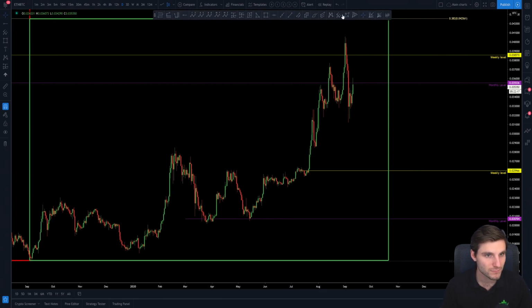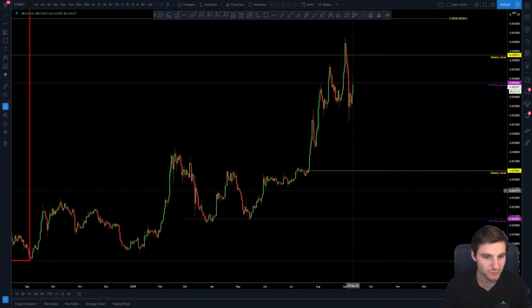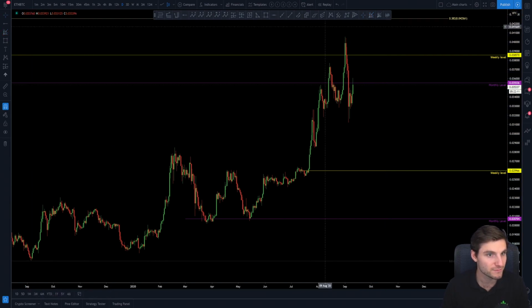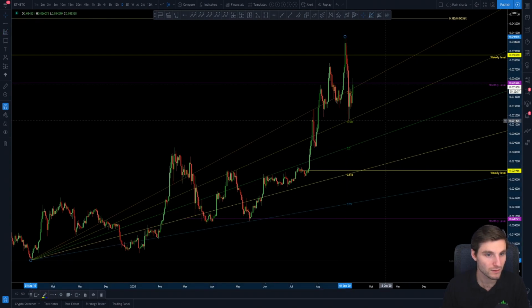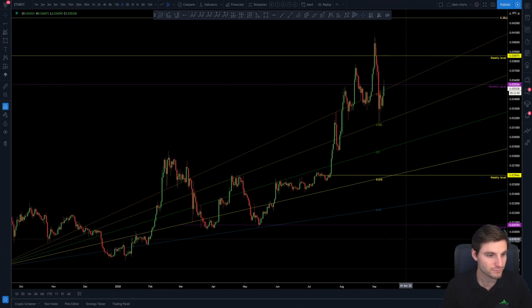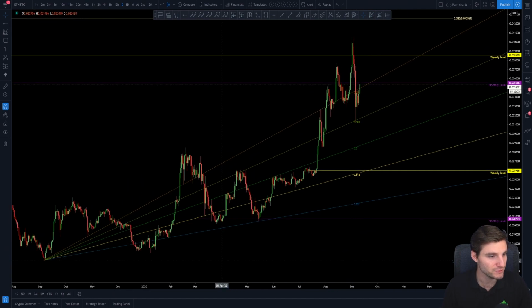So we draw the speed fan, and we would know that we're going to be looking for our first level on the speed fan. And then what we can do is channel.